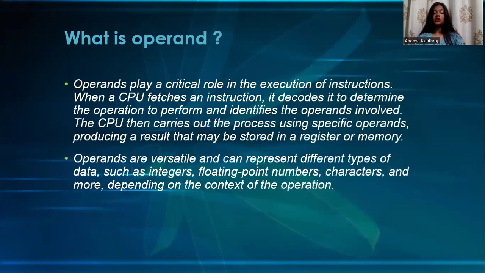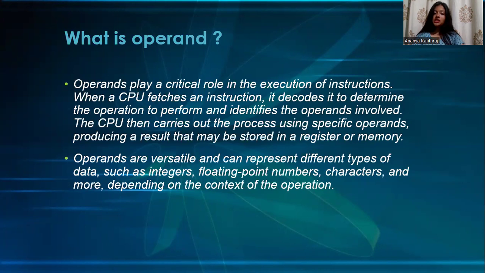Then what is an operand? Operand plays an important role in the execution of instructions. When a CPU fetches an instruction, it decodes it to determine the operation to perform and identifies the operands involved. The CPU then carries out the process using specific operands, producing a result that may be stored in a register or a memory.